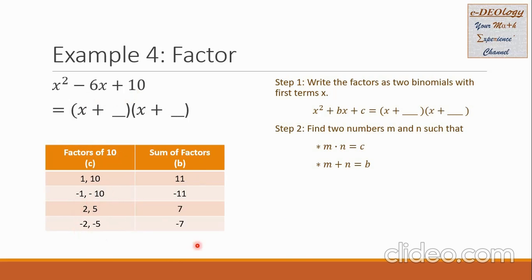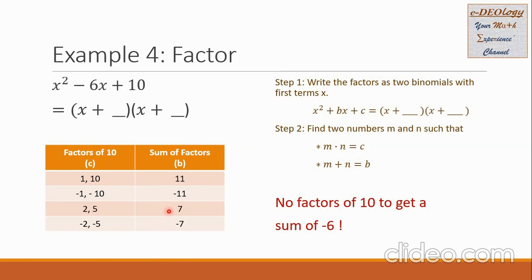In this column, we're going to add each pair of factors. 1 plus 10 is 11. Negative 1 plus negative 10 is negative 11. 2 plus 5 is 7. Negative 2 plus negative 5 equals negative 7.